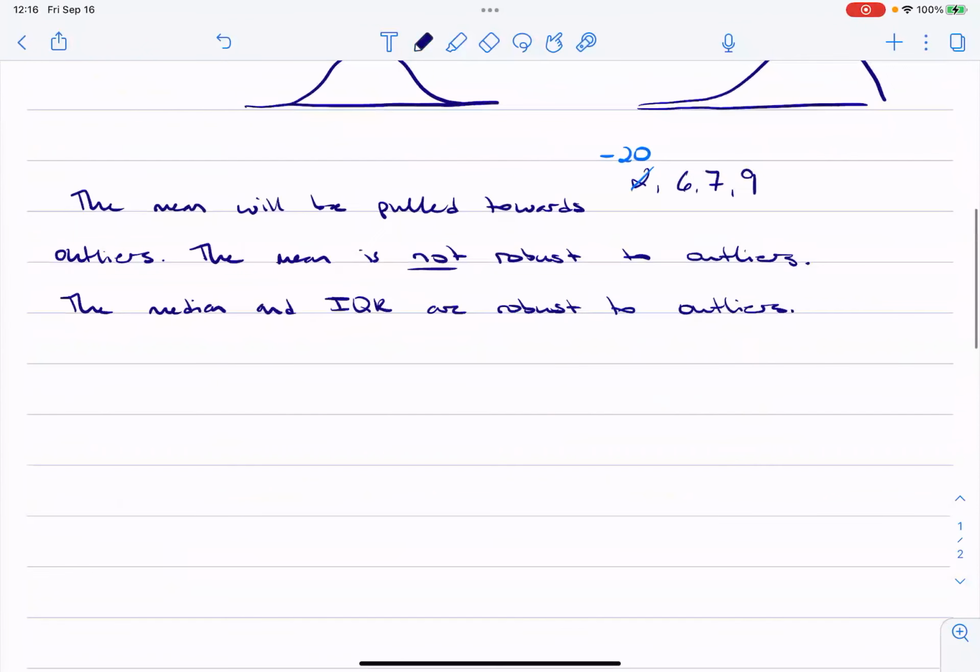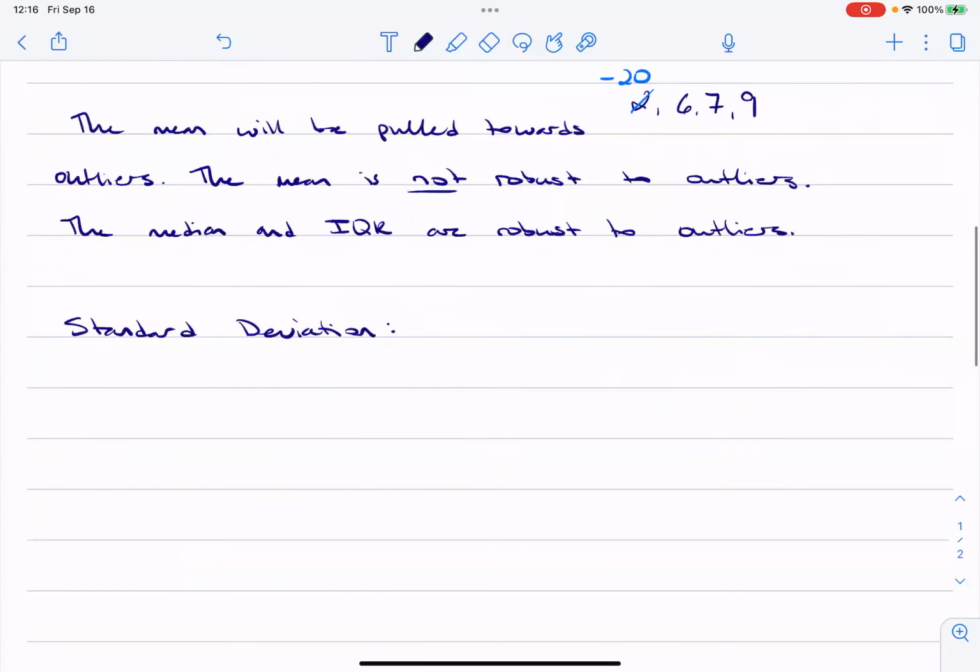All right, so let's start with the standard deviation. The standard deviation we denote by a lowercase s. And I'm going to write out the formula so that we have it, and then we're going to dissect it. Okay.